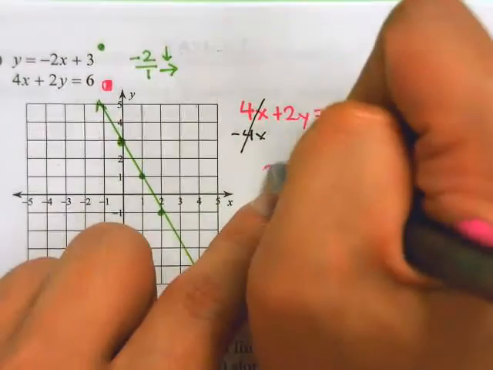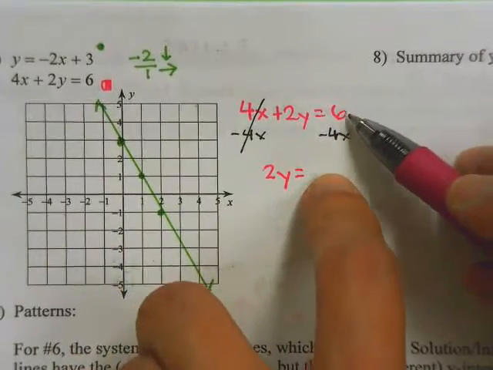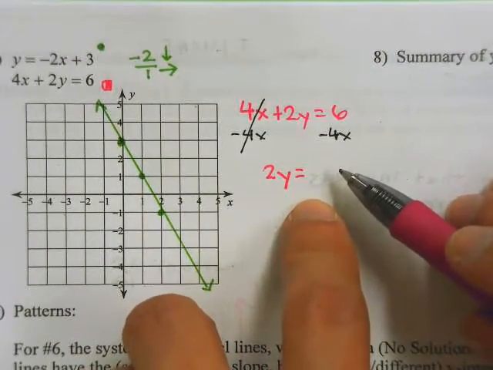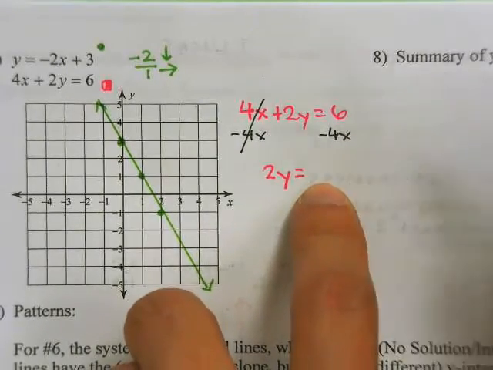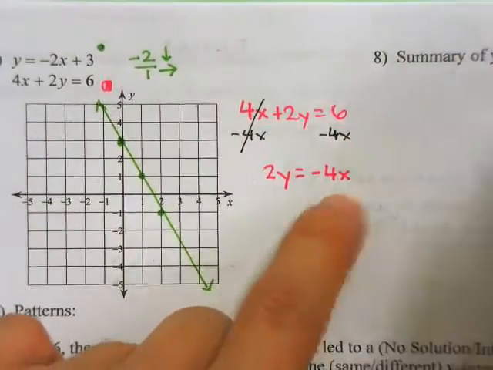Okay. So 2y is equal to, next question, 6 minus 4 is 2. So should I put 2x over here? Why not? So these two are not like terms. So I'm going to put the -4x first.